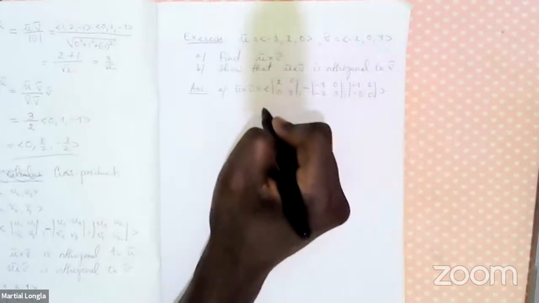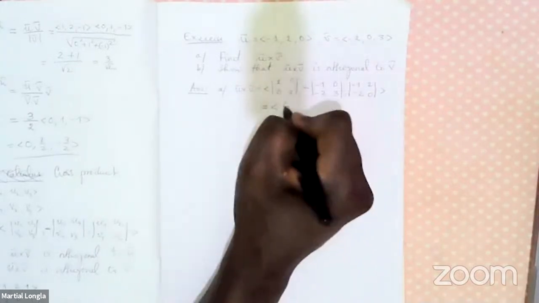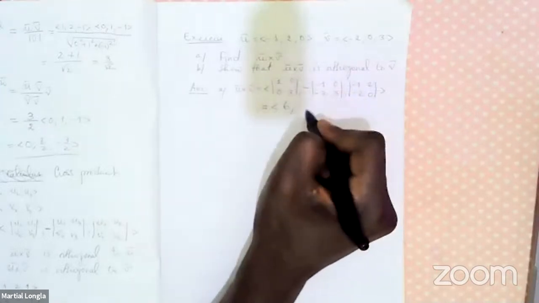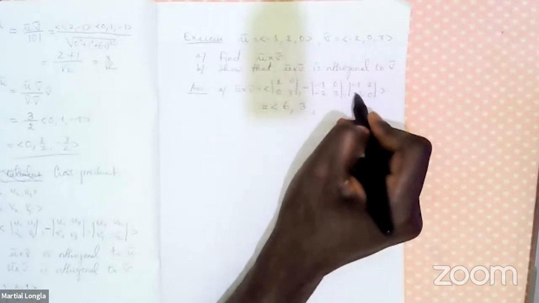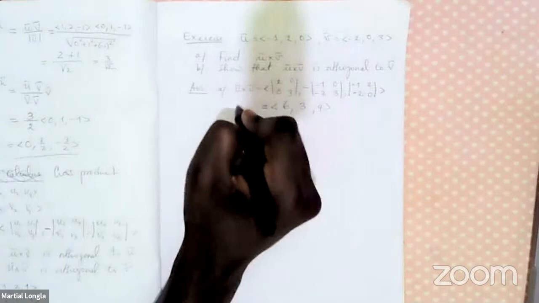All right. And then I got 6, 3, -4. There's a minus here. This minus that. So it's 4. So that's the cross product.